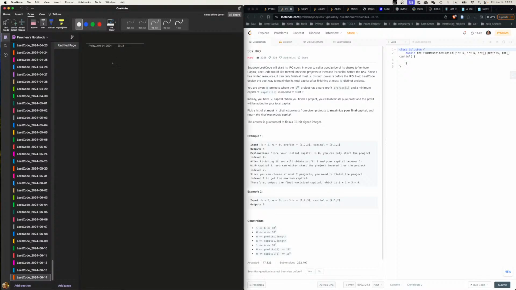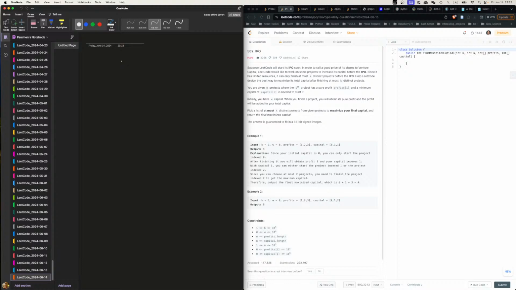So let's say we sort based on profits, and if the profits are the same, we will sort based on the capital from low to high. No, I don't think that's the right way.